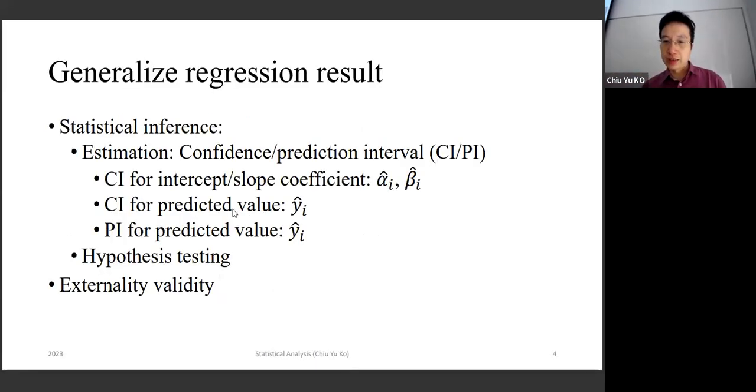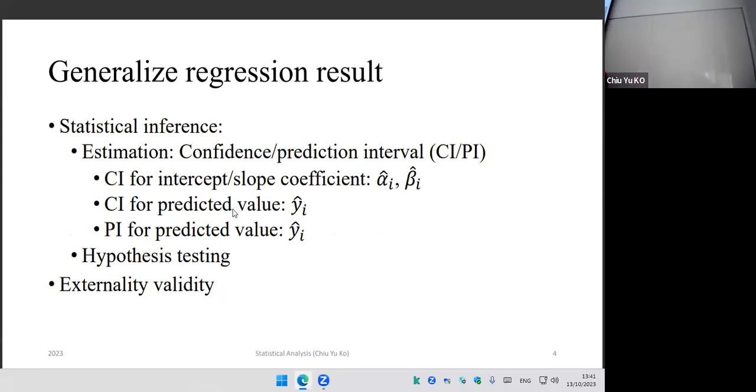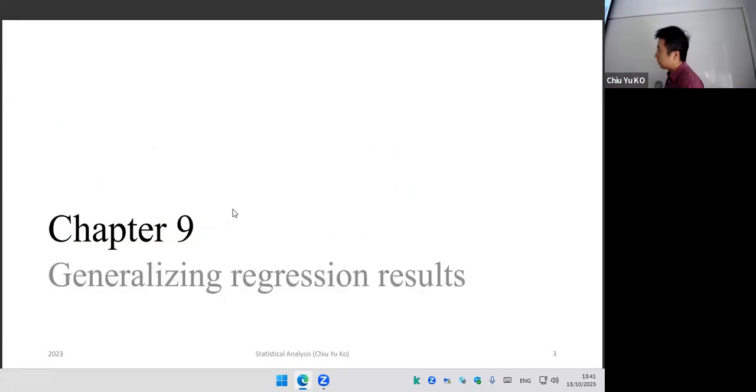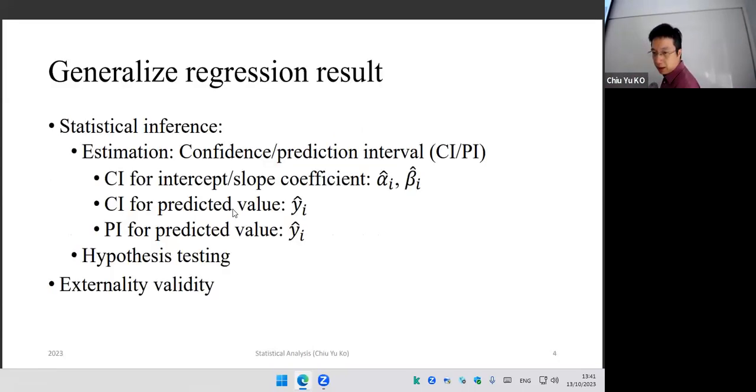Generalizing the results builds on lesson 4, where we did a simple regression and different functional forms. Chapter 9 talks about how you do confidence intervals and hypothesis testing, and also for the model.